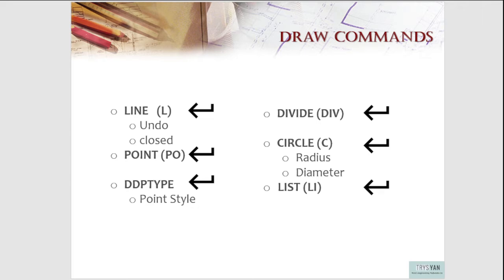Pwedeng manghingi siya sa atin ng center point. Kung ayaw natin na center point muna, pwede naman 3P, 2P, or TTR; mamaya try natin yung isa-isa. But first, ibigay muna natin yung hinihingi niya, which is the center point of the circle.